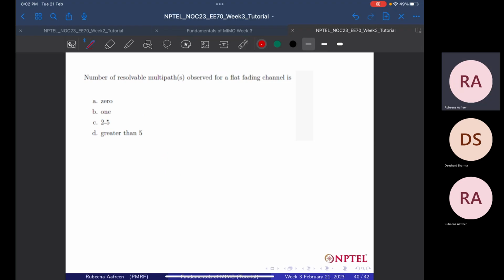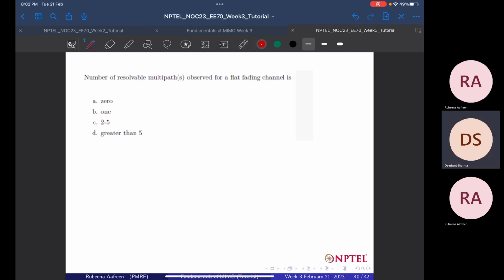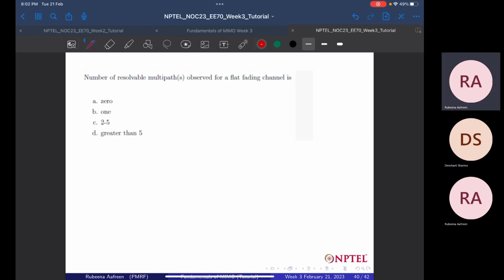Then the number of resolvable multipath for a flat fading channel is one. What happens in a flat fading channel is that we always assume that all the delays are the same. So when all the delays are the same, the channel is like this, some tau.